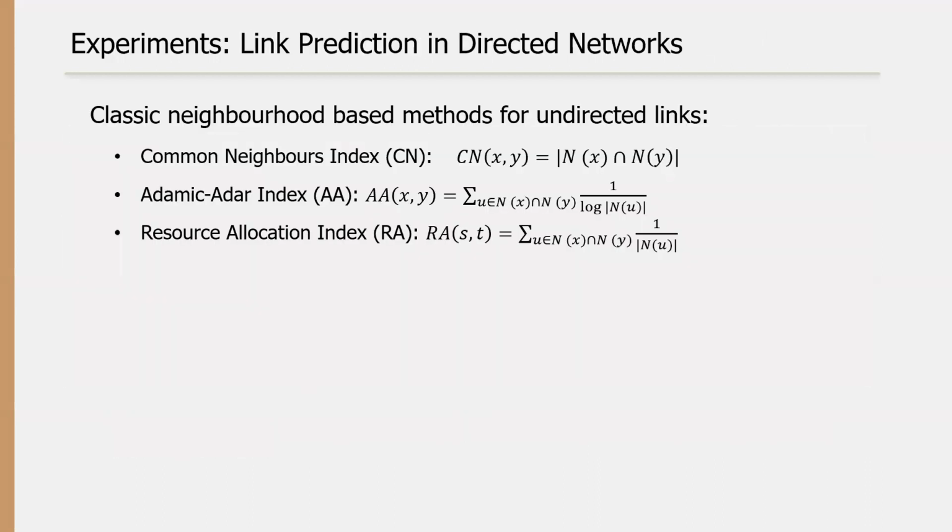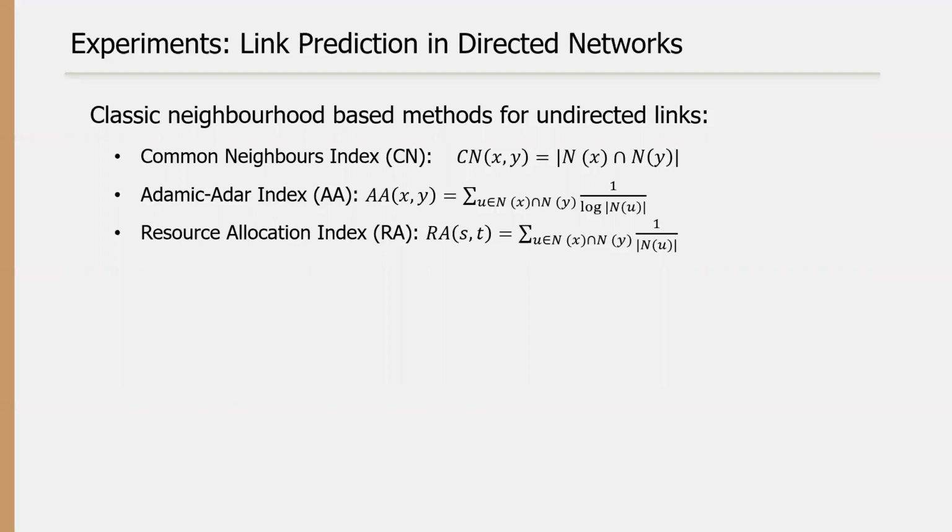Our next experiment is link prediction in directed networks. It is known that in undirected networks, the neighborhood-based methods, also called similarity-based methods, such as common neighbors and Adamic-Adar, are simple and powerful. However, in directed networks, we predict not only the existence of a link, but also the direction of the link.